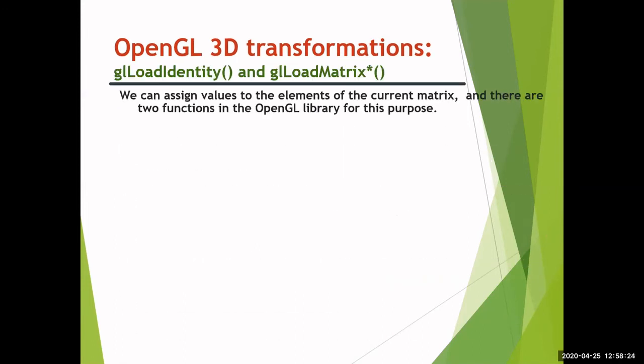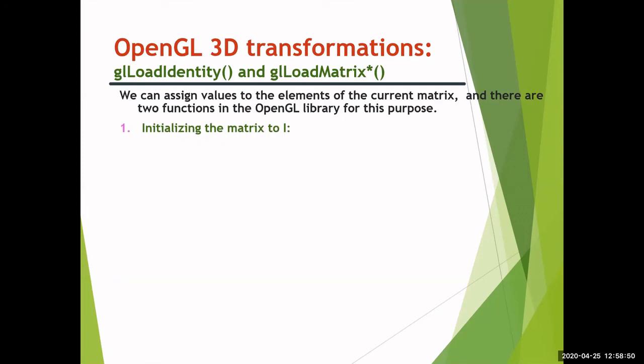Before we see an example of how it multiplies, we will see what glLoadIdentity and glLoadMatrix are. We can assign the values of the elements of the current matrix, and there are two functions in OpenGL for this. That means we can force the current matrix to store some values in two ways, with two functions.